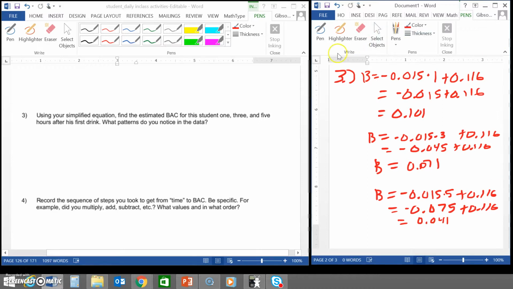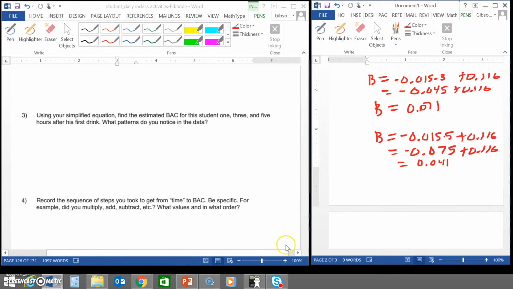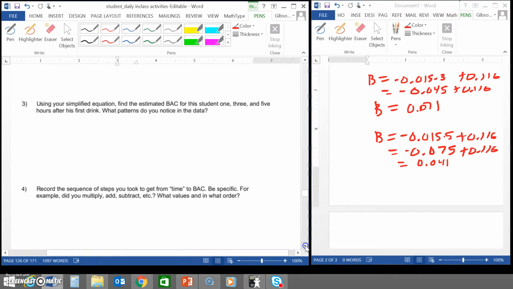Okay, since we had this simplified equation here, we substituted in the 1, 3, and 5, which was our T, the hours since we took our first drink. And then we multiplied, and then we added. Those were the steps. Substitute, multiply, then add. We basically followed the order of operations.